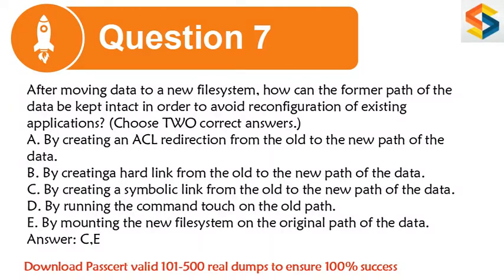B. By creating a hard link from the old to the new path of the data. C. By creating a symbolic link from the old to the new path of the data. D. By running the command touch on the old path. E. By mounting the new file system on the original path of the data. Answer: C, E.